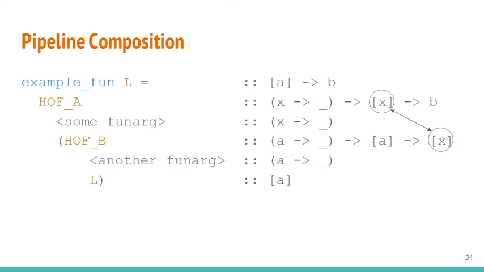I am no longer constrained by my input type in the same way I was in structural composition. I can, in fact, keep chaining pipeline composition indefinitely, similar to the piping operator in Unix or other similar data processing pipelines, hence the name, as long as I continue to line up the output type of one to the input of the next.